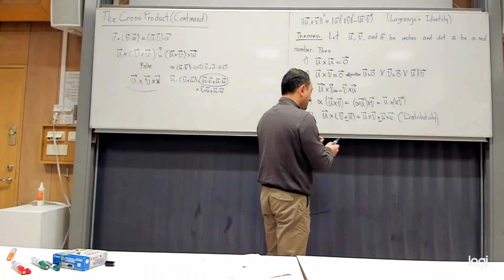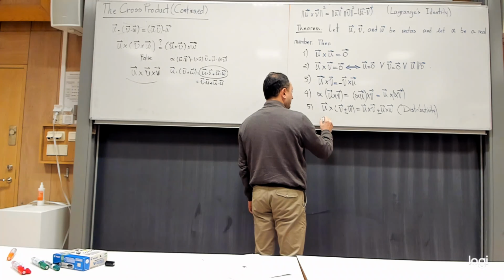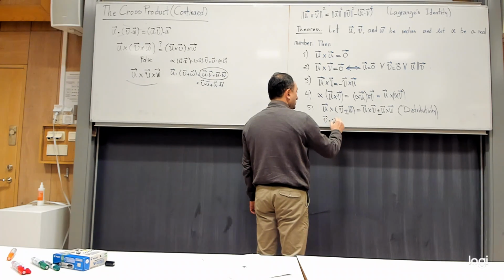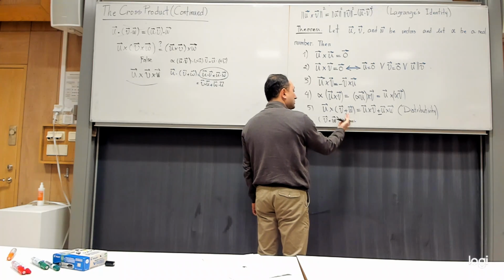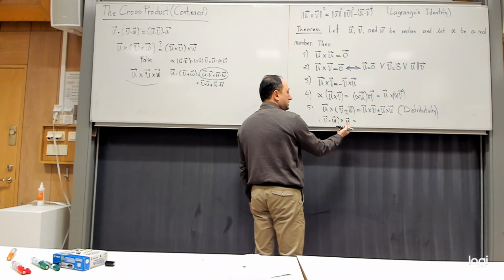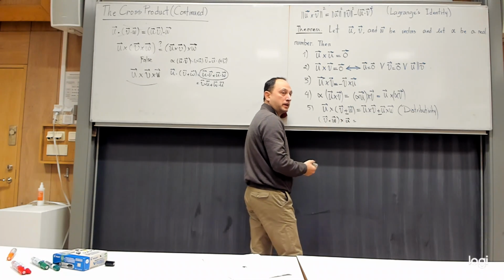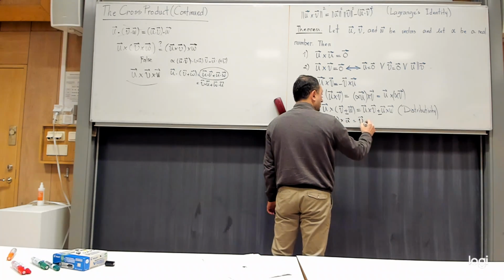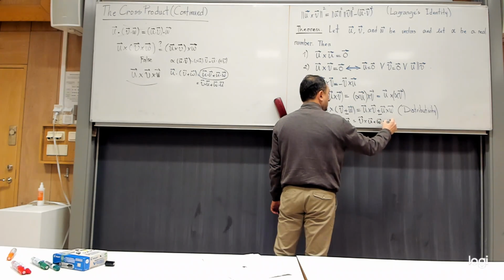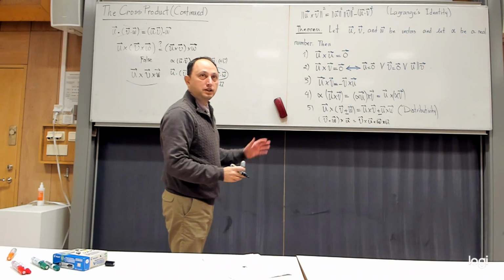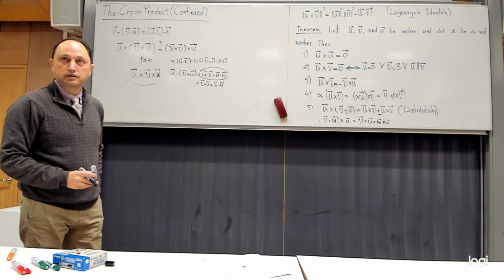So let me write an alternative here for you. If you have v plus w multiplied by u, and you want to distribute it, because now u is sitting on the right, you should keep it on the right all the time. So it becomes v cross u plus w cross u. Yes? So you have to distribute either from the left or from the right.